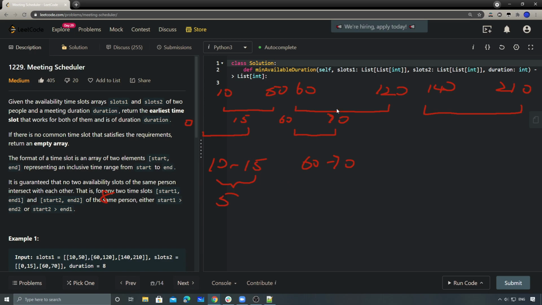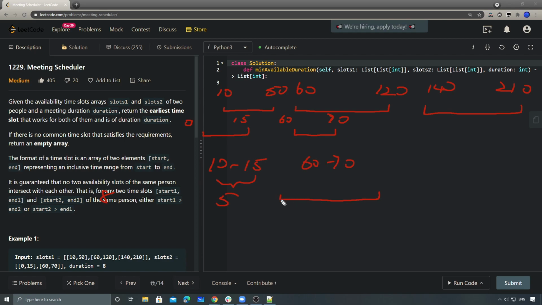So after sorting these 2 slots, how can we find the intersections? What's going to be the criterion for us to move either the first person's or the second person's interval forward? We cannot move by the starting time. And why is that?